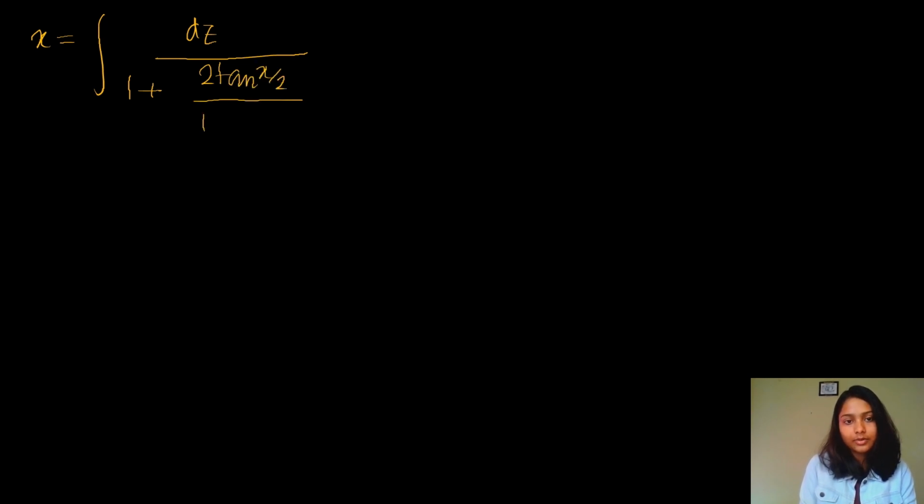So x equals integration dz divided by 1 plus, now the sum multiple formula for sine z has this form, 2 tan z by 2 divided by 1 plus tan square z by 2, and the cos z has this form, not 2, there is 1 minus tan square z by 2 divided by 1 plus tan square z by 2.